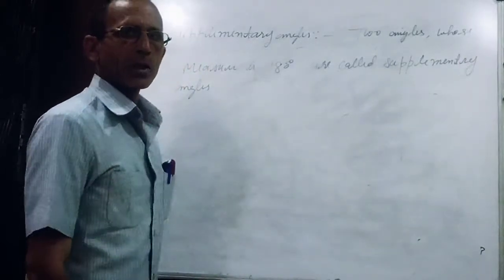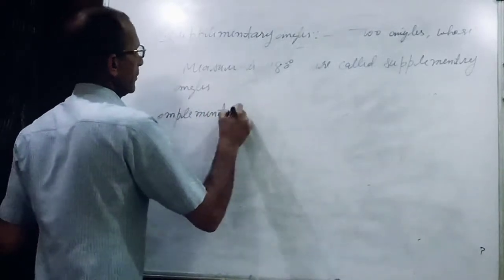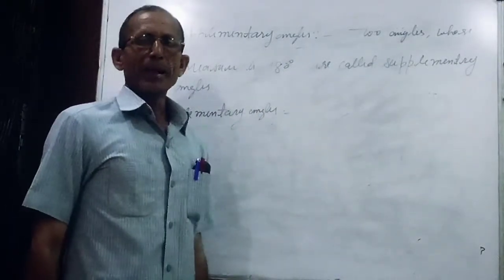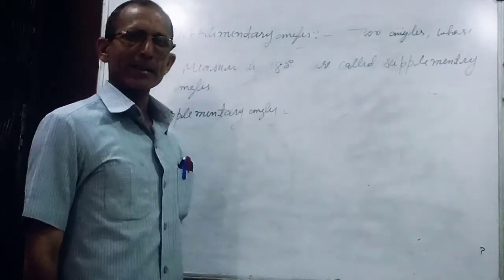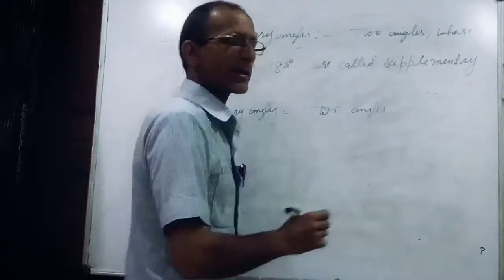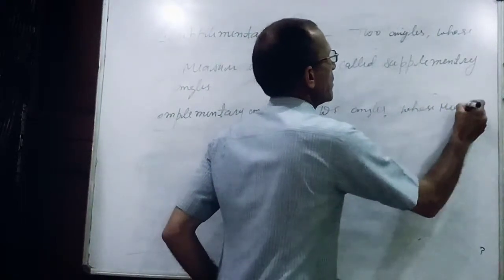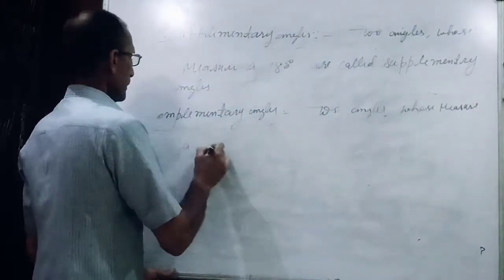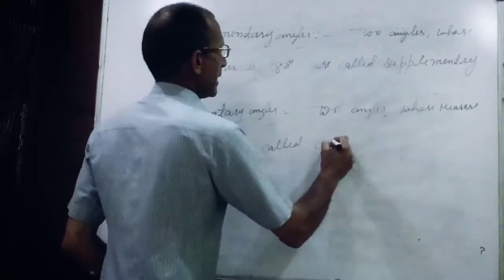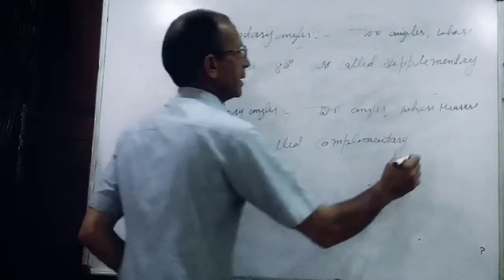Next is complementary angles. If the measure of two angles is 90 degrees, two angles whose measure is 90 degrees are called complementary angles.